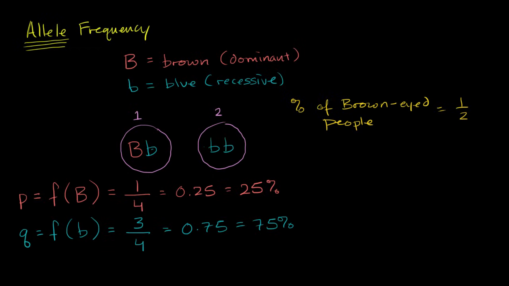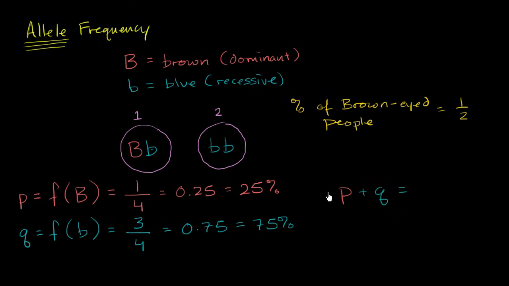But what's true here? What's going to be true of p plus q? What's p plus q going to be equal to? And I encourage you to pause the video again and think about that. Well, when we started off, we said that there's only 2 potential alleles, that's one of the assumptions we made, in this population for this gene and this trait.